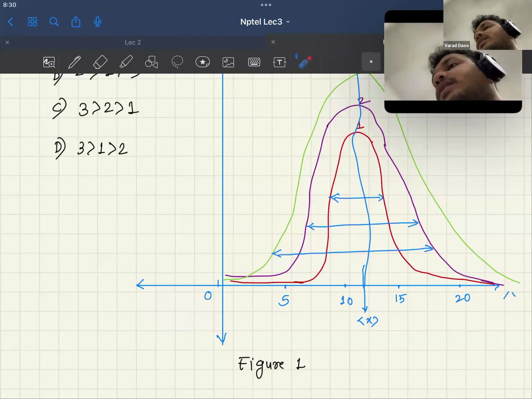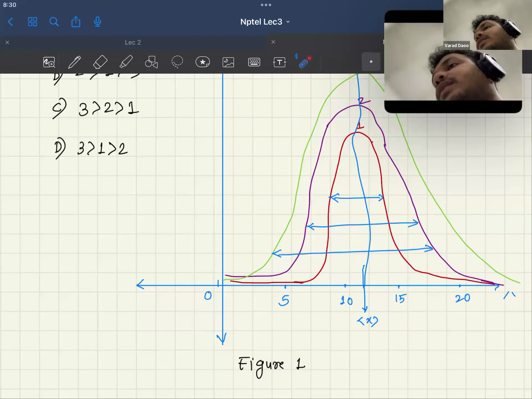So this width is greater than this width is greater than this width. In other words, width of curve 1 is the smallest, and width of curve 3 is the largest, and width of curve 2 is in between 1 and 3.